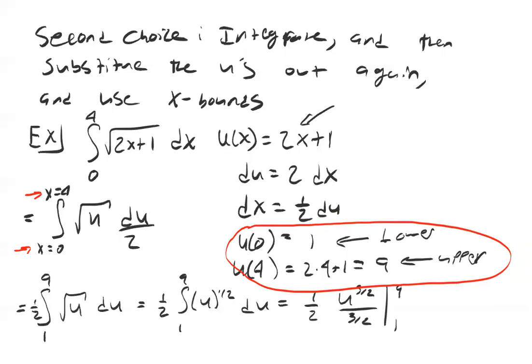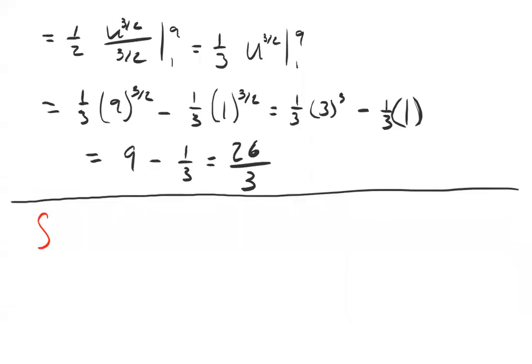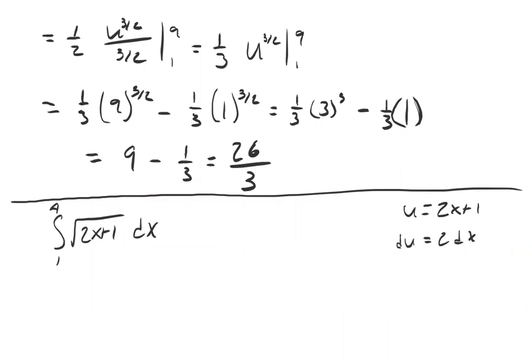So I have the integral from 1 to 4 of the square root of, and I've already forgotten it, 2x plus 1 dx. And it's the same idea. So I'm going to let u equal 2x plus 1. du will then be 2 dx, and dx is 1/2 du.